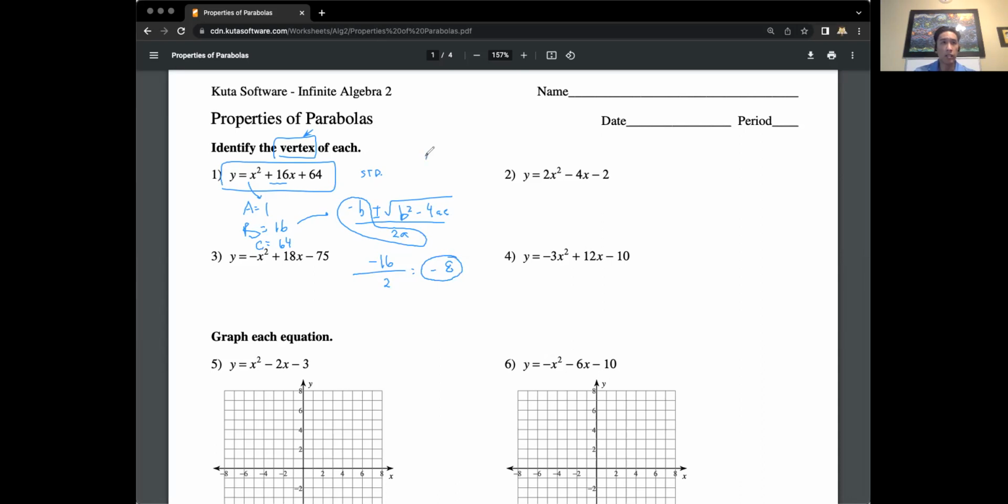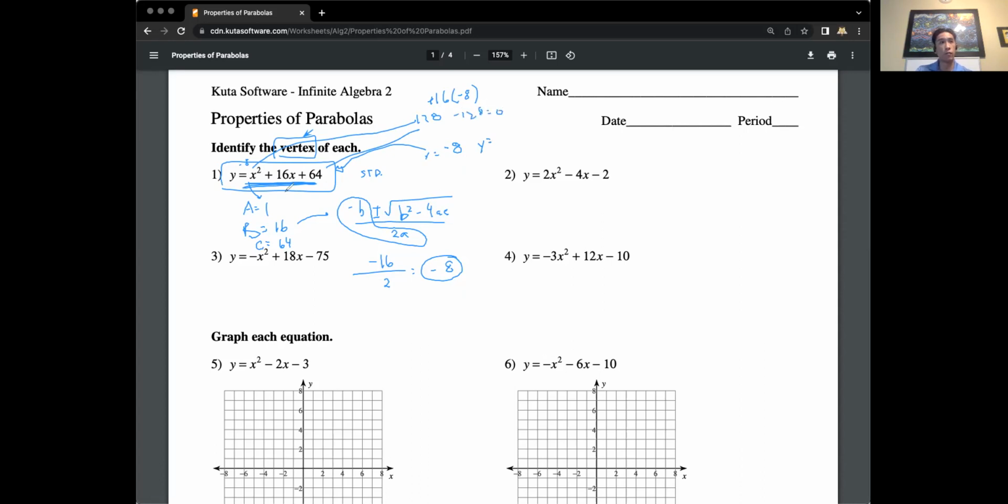What that means is x is negative 8 for the vertex coordinate, and we're going to plug that into this equation to find out what y would equal. Multiplying this negative 8 in here, negative 8 squared is 64, so therefore we have 128 for this term, and the plus 16 times negative 8 gives us negative 128 as well.